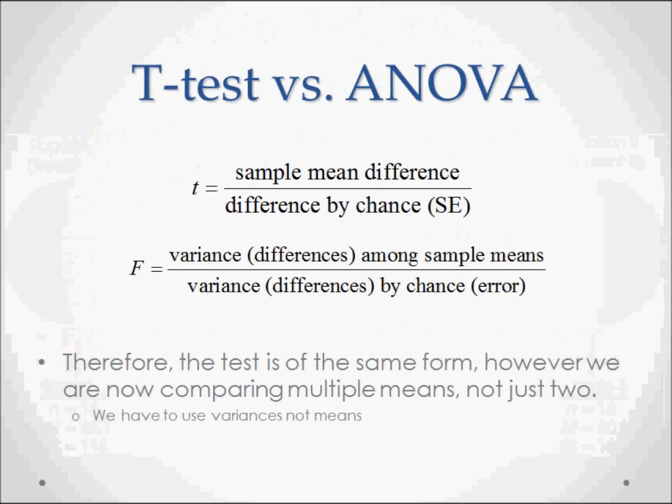Well, now we can't look at mean difference, so we look at differences among the sample means by way of their variability. So we expect that the variability will be high between our means, because we want to show that our means are largely different from each other, and so the difference between them will be high. And if that's the case, then our variability will be high for that between group difference.